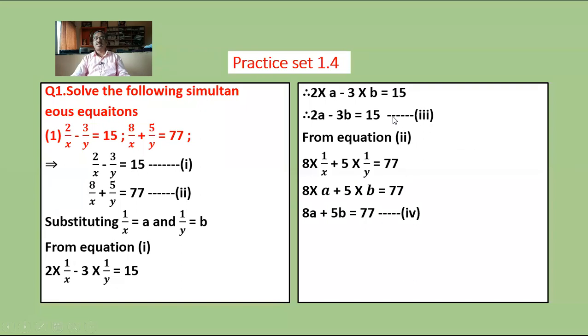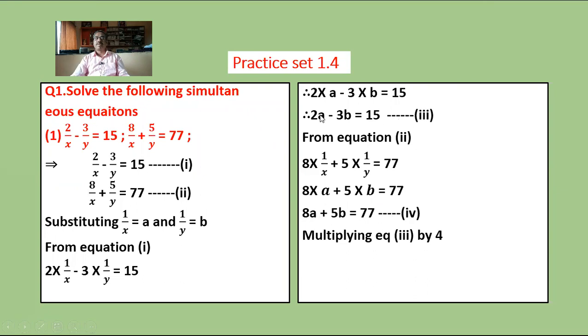From equations 3 and 4, observe the coefficient of a and coefficient of b. Equating the coefficient of a: in equation 3, the coefficient of a is 2. In equation 4, the coefficient of a is 8.